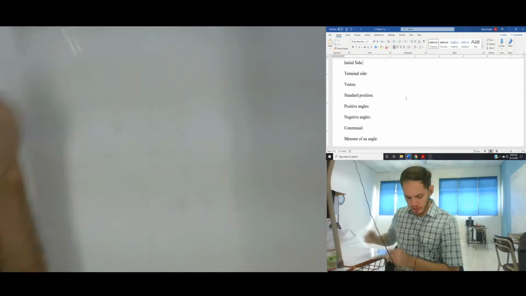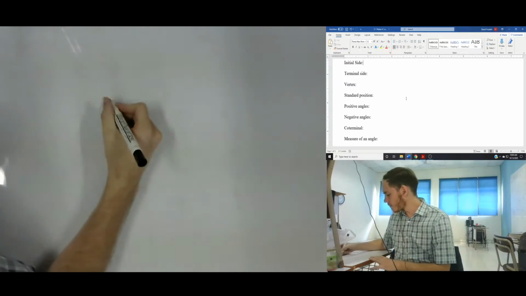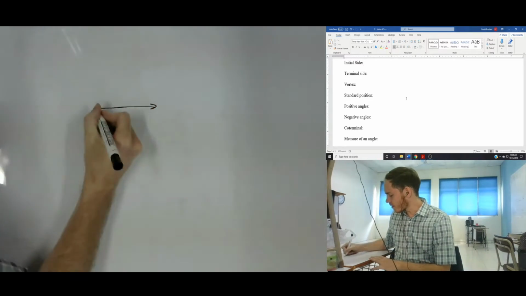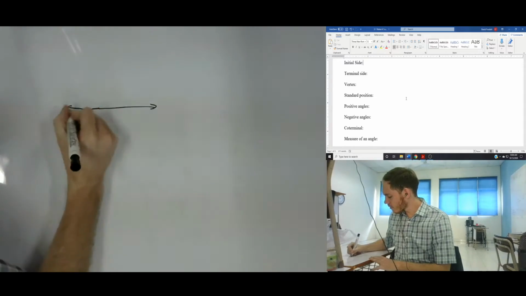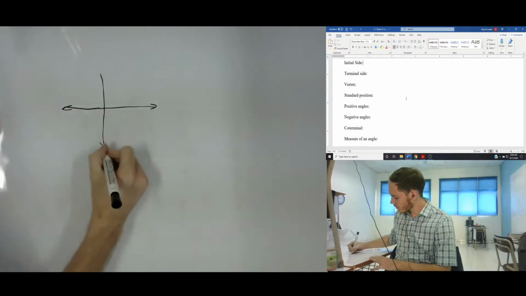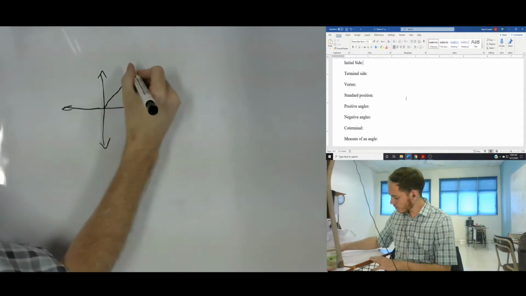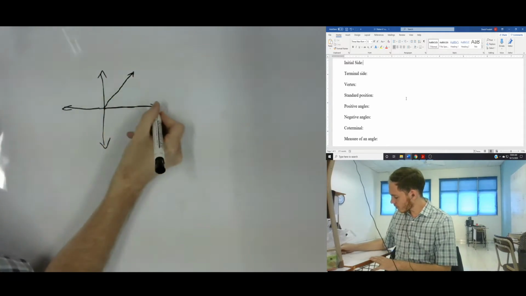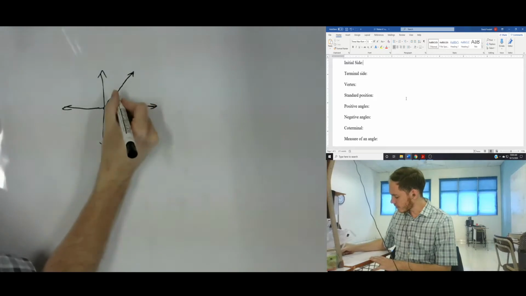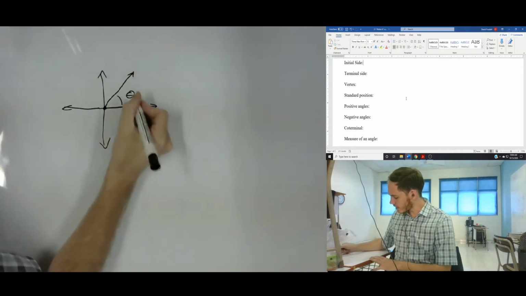There are some key things, like coterminal angles. Let's say I have an angle. This is our angle right here; let's say this is theta.